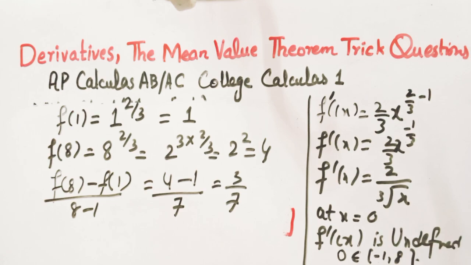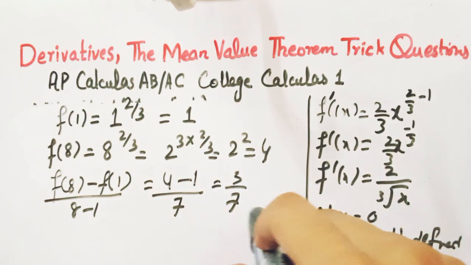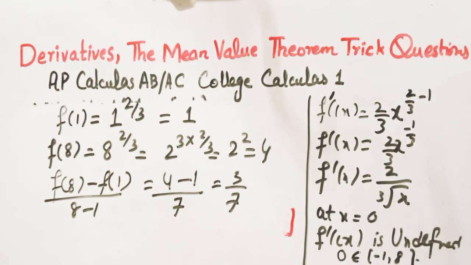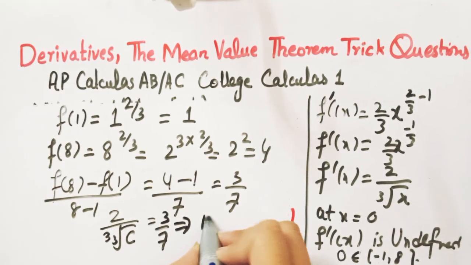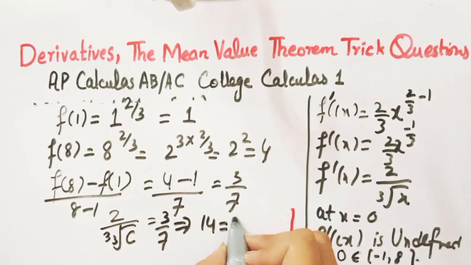Now we set our derivative formula equal to this average slope to find the value of c. So the derivative equals this slope. We have 2 divided by 3 times the cube root of c equals 3/7. Cross-multiplying, we have 14 equals 9 times the cube root of c.